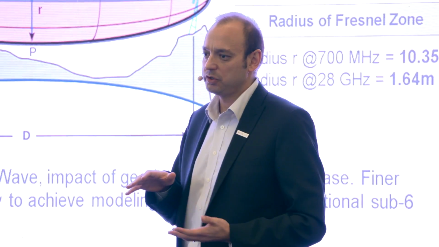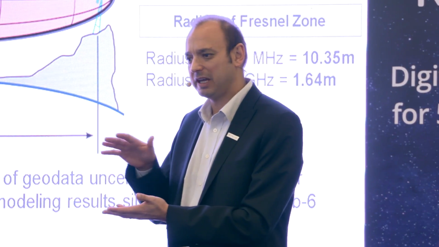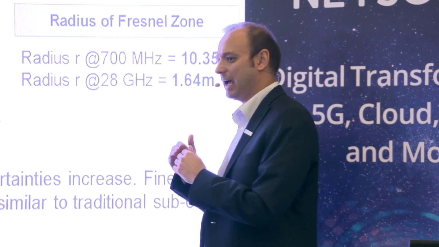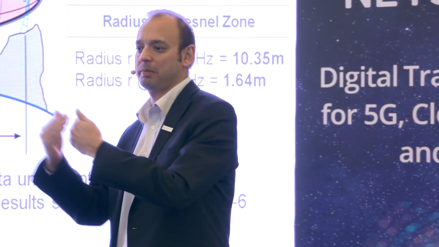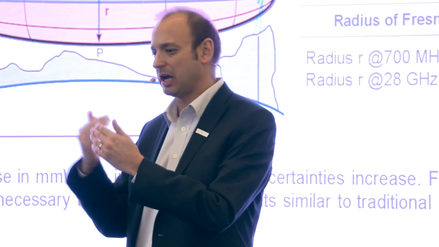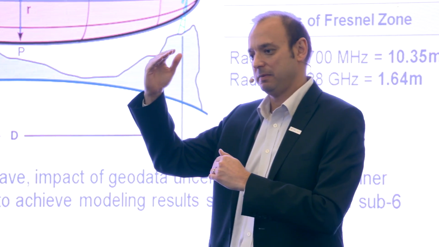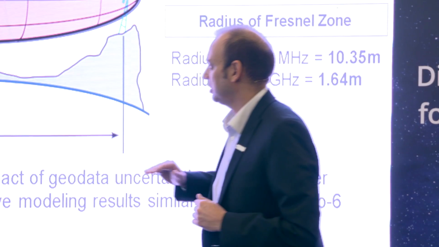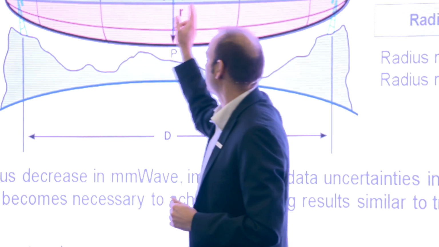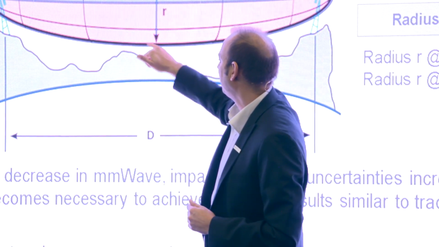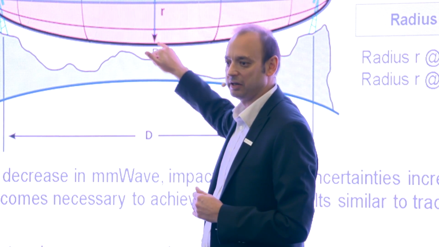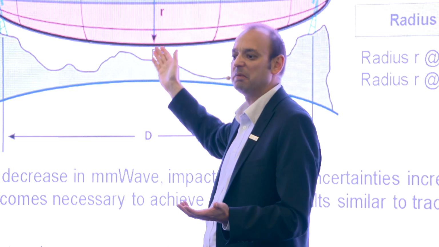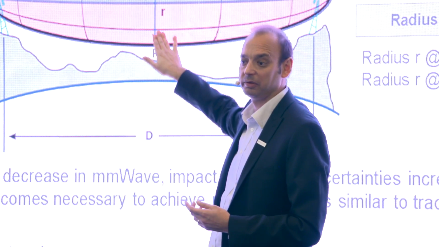The impact of the geodata inaccuracies, if you think about it, let's say I have a plus or minus 2 meter inaccuracy or uncertainty in my geodata height. If you imagine this Fresnel zone versus this Fresnel zone, a plus or minus 2 meters is only going to block maybe 10% of this Fresnel zone.